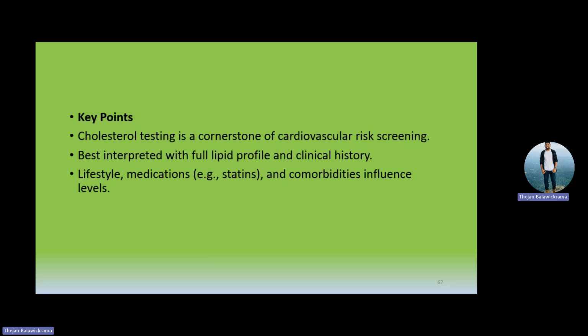As we already discussed, we can assess the cardiovascular risk by using the cholesterol test. And this is actually done by using a full lipid profile. And as I always say, this has to be judged with the clinical history.